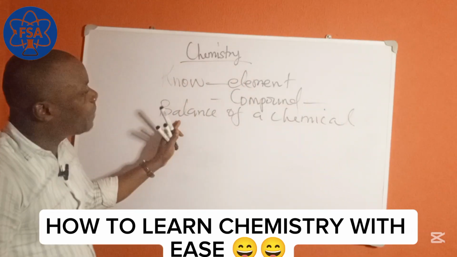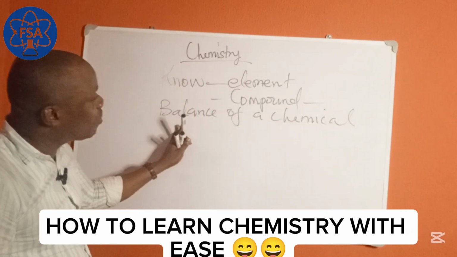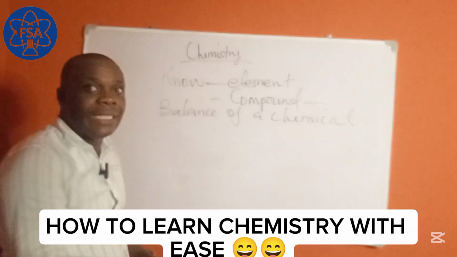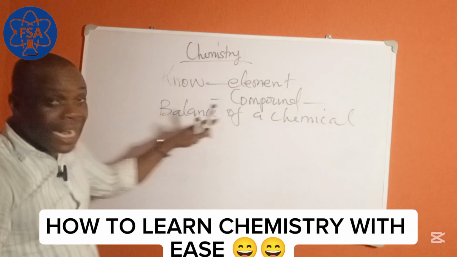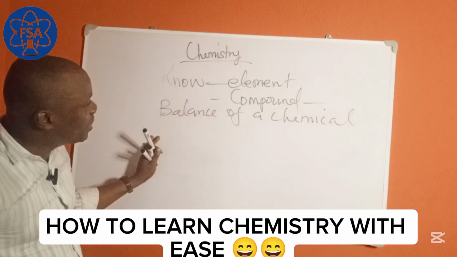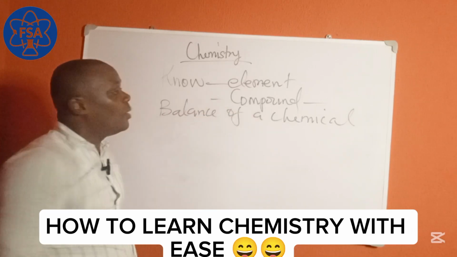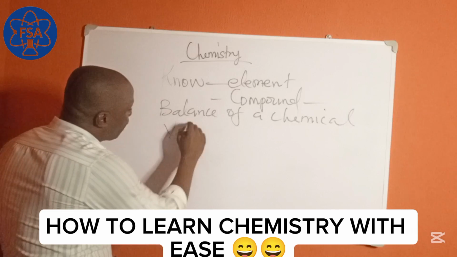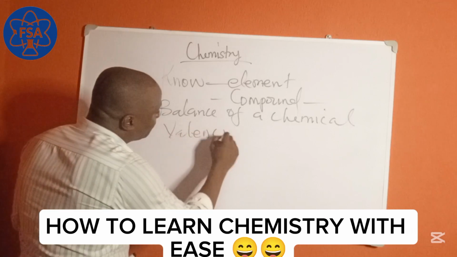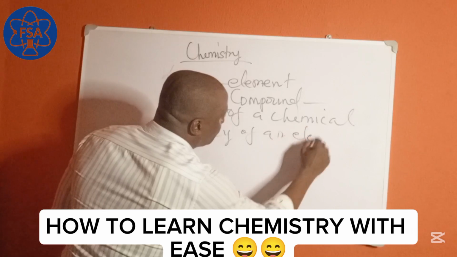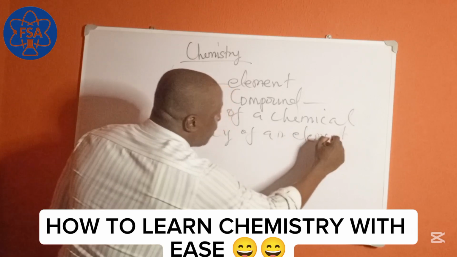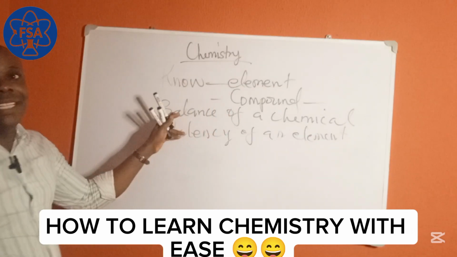And under this part of balancing a chemical equation, you also need to know the radicals or anions. You also have to know their valency, the valency of an element. The valency of an element will aid you to balance any chemical equation.